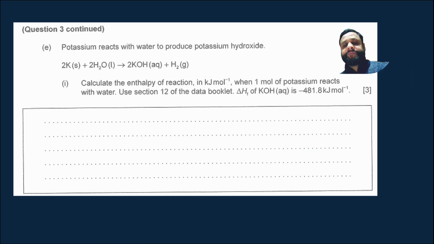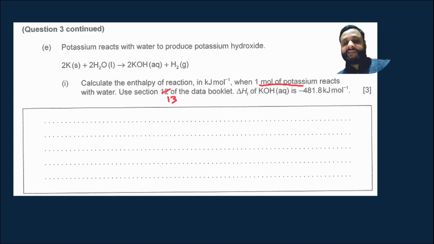Question 3 continued. E. Potassium reacts with water to produce potassium hydroxide. Calculate the enthalpy of reaction in kilojoules per mole when 1 mole of potassium reacts with water, using section 12 of the data booklet. Delta Hf of KOH is minus 481.8 kilojoules per mole. In the new specification this is section 13 now, and the equation for delta H of reaction is given in section 1 of the new IB data booklet.